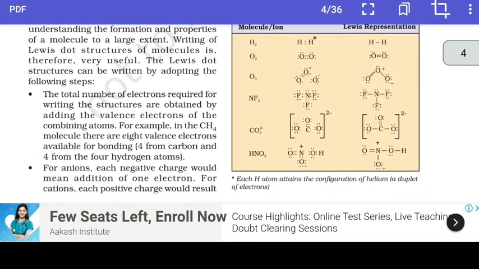Now we come to the carbonate ion, CO3 2 minus. So calculate the total number of electrons: C plus 3 O. This is the oxygen, not 0. Then count negative charge as plus electrons and positive charge as minus electrons.